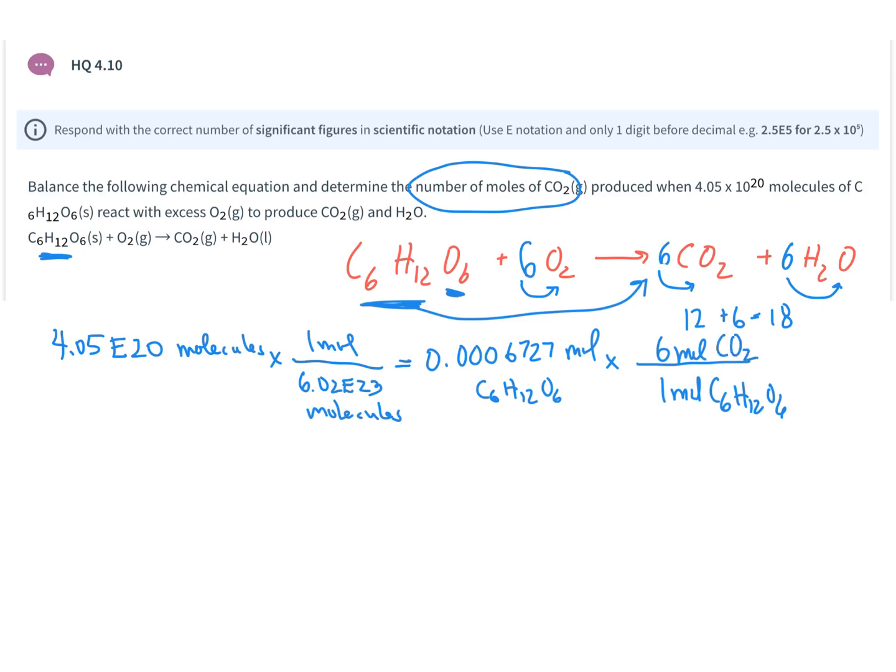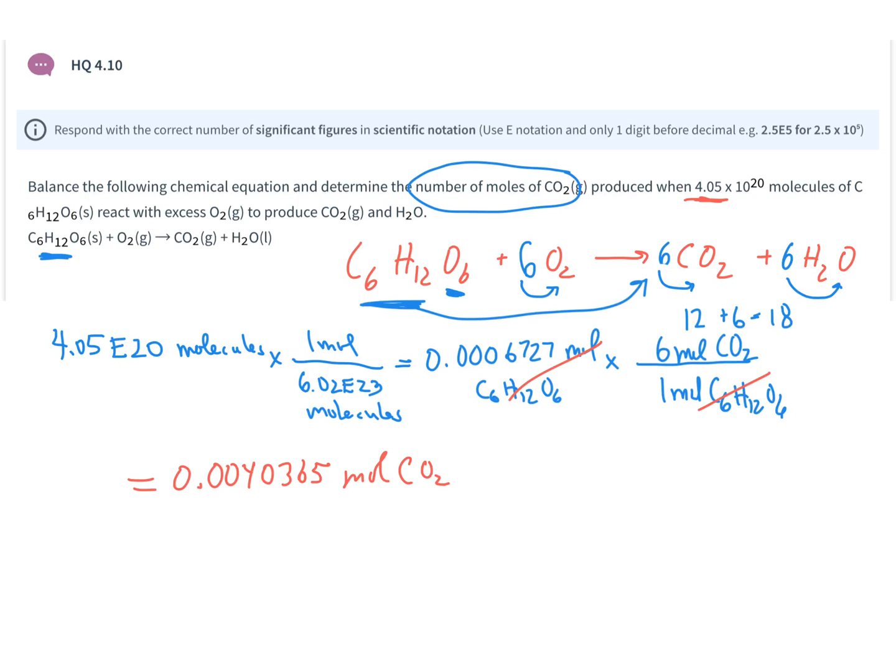So multiply that number by 6. Moles of glucose cancel out when I multiply by 6, and I'm left with approximately 0.00400365 moles of CO2.